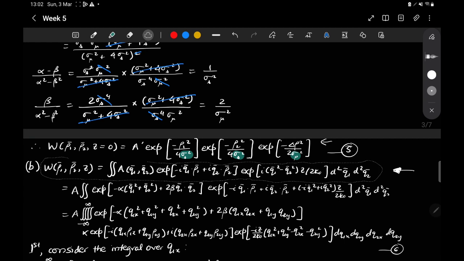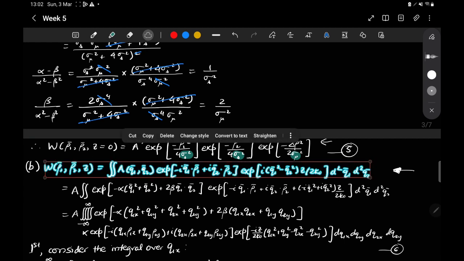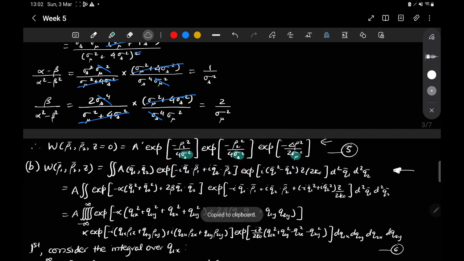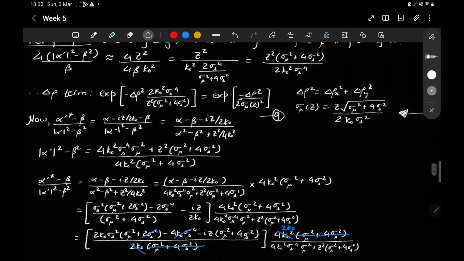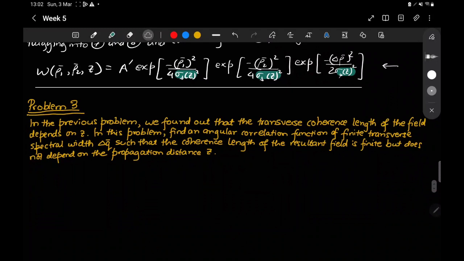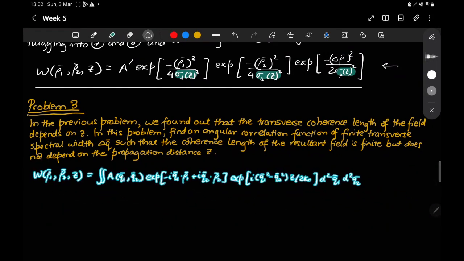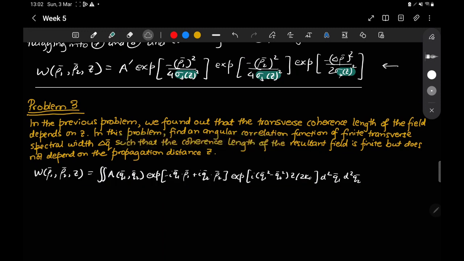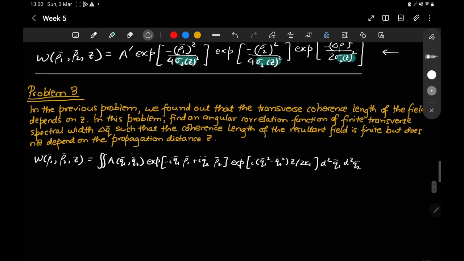This is the cross-spectral density function at a given z when we know the angular correlation function. So W(rho1, rho2, z) is the integral of A, which is the angular correlation function, times this particular exponential involving q dot rho terms, and then another exponential which involves the z term, and this integral is over d squared q1 d squared q2.